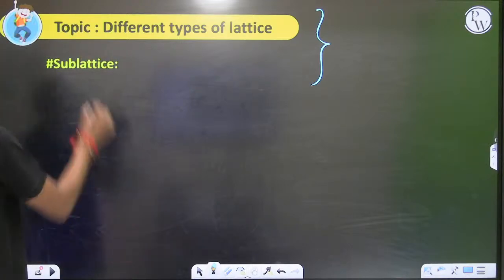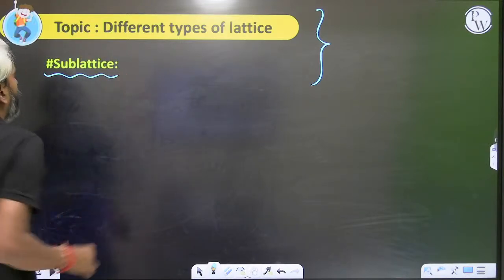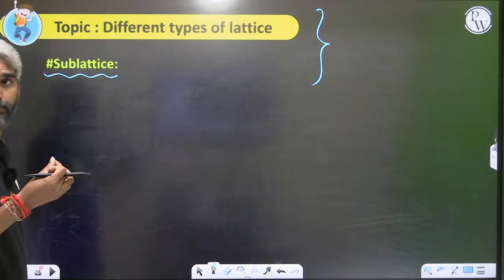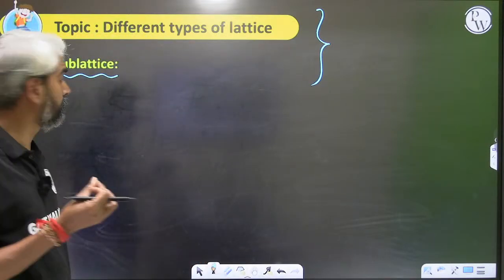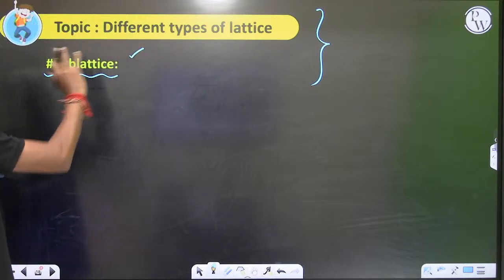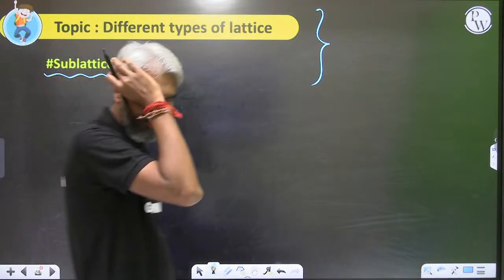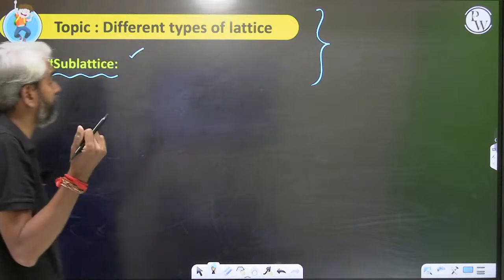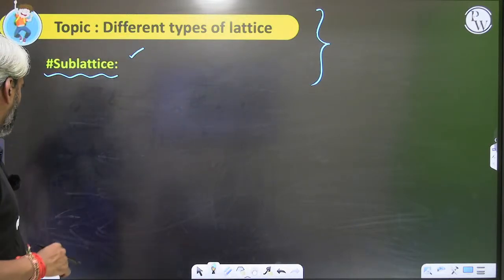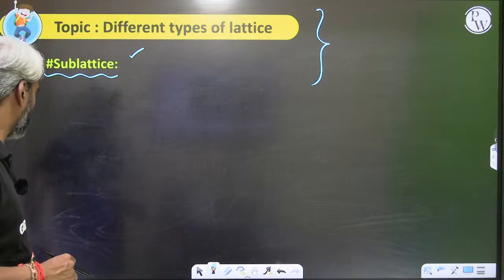Just remember that there is a specific type which is called sublattice. Very good evening, Hemant. We'll discuss it. Don't worry. I know that if I just write down the definition and do not give you an example, it will be very difficult for you to understand. Therefore, keep it for tomorrow's class. We'll try to understand this.